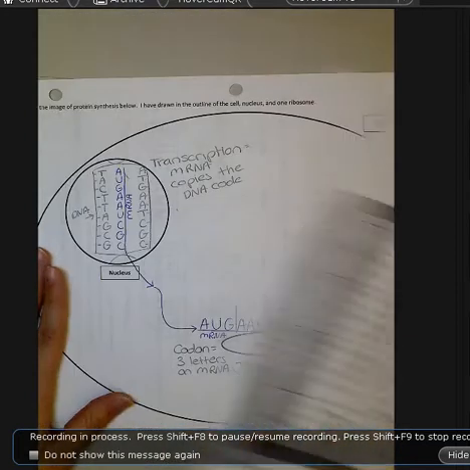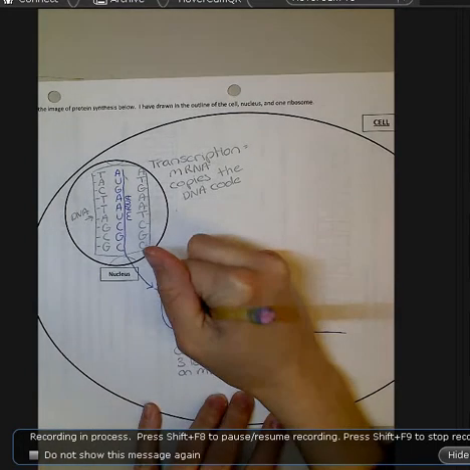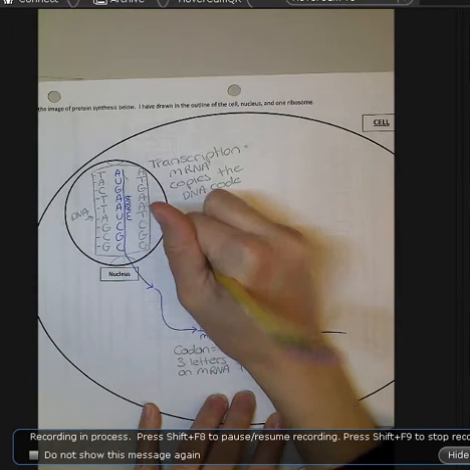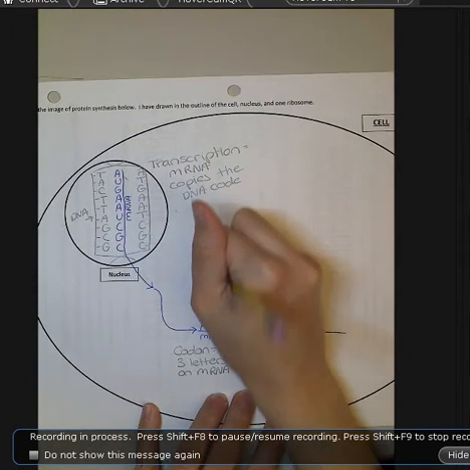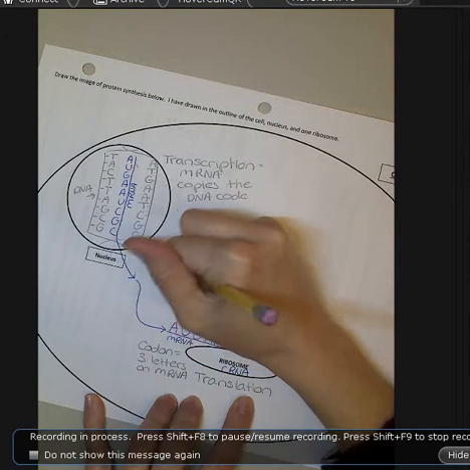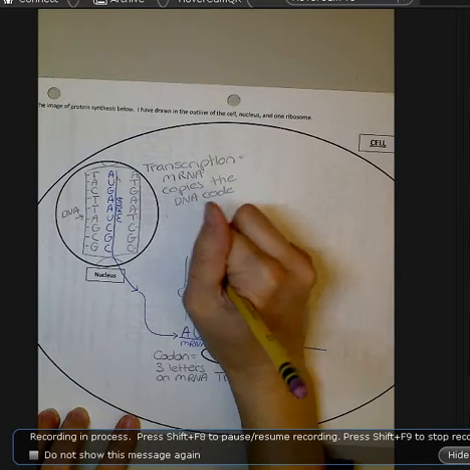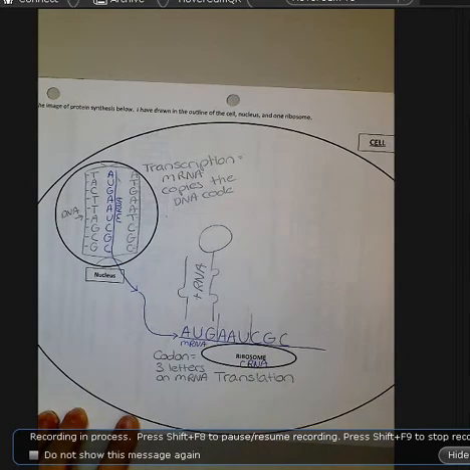So I'm going to come back here. I'm going to draw in a transfer RNA, and they don't necessarily look pretty. Just something like this, and we're going to label it tRNA because it's transfer RNA. It transfers in amino acids. And I'm going to draw a little circle on top that is going to be my amino acid.